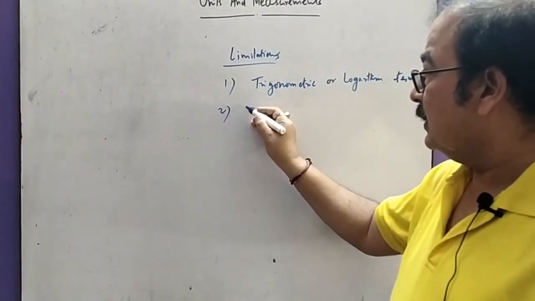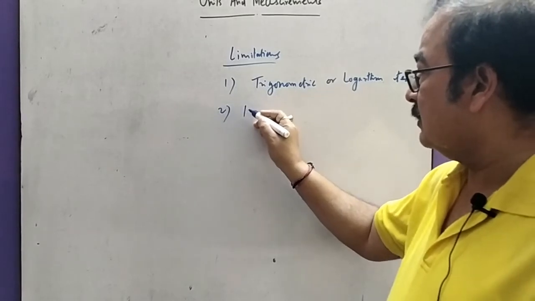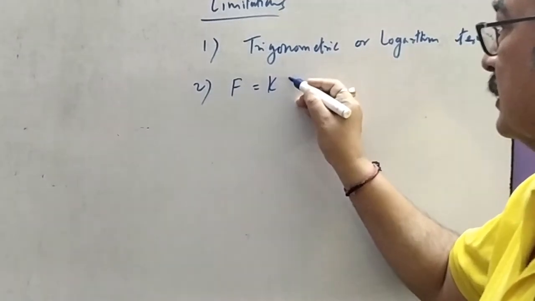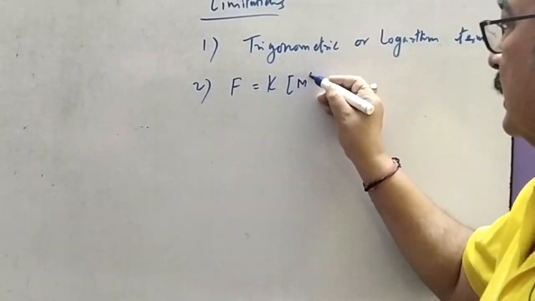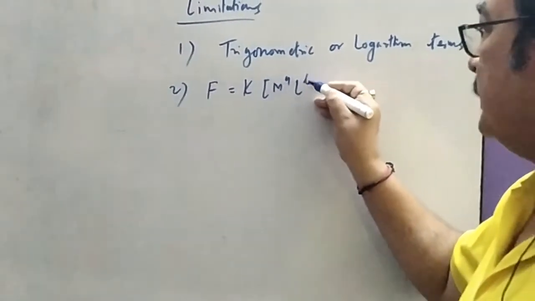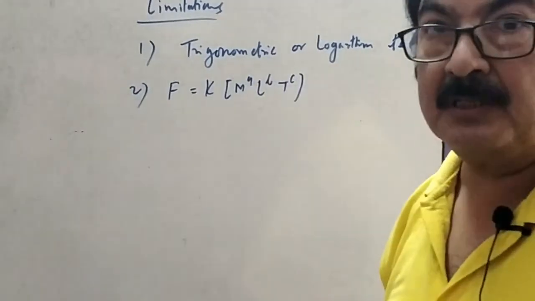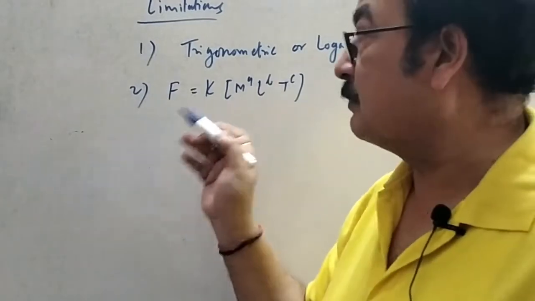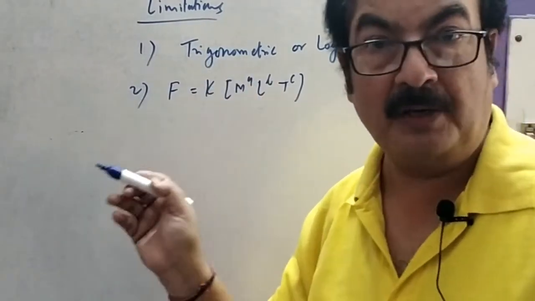Number two, when we have a constant, say F equal to some constant times m, a, b, l, b and t, c, like this, this constant cannot be identified or explained on the basis of the dimensional formula.